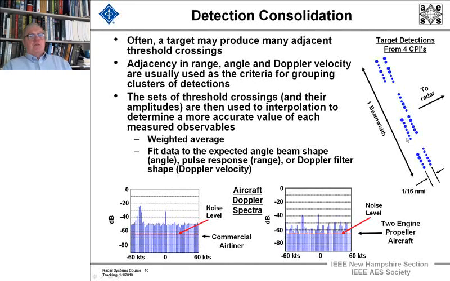Okay, now I used this view graph before a little bit to make a different point. It shows you, for an airport surveillance radar, this is one beam width, and these are the exact target detections from 4 coherent processing intervals. There were 2 different PRFs.